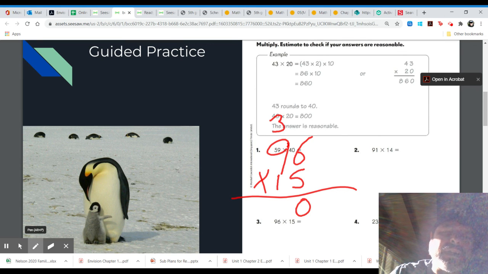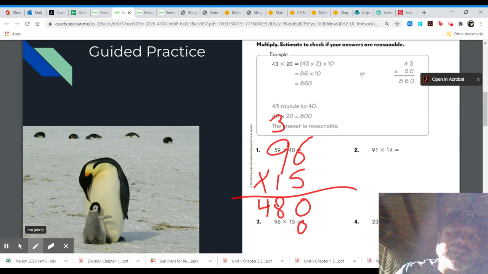Now we do 5 times 9, and 5 times 9 is 45. And now with that 45, we add 3. So 45, 46, 47, 48. It's 48. So you get 480. Okay. And since we're multiplying by a tens place, we're going to put a 0 there to hold the 10.